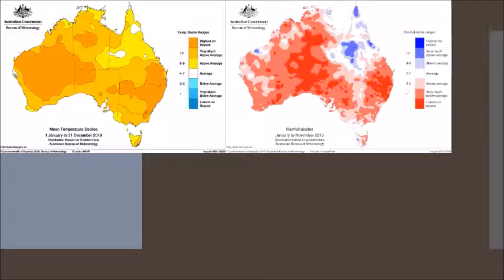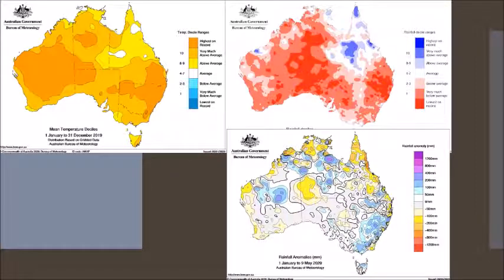Now, the IOD index dropped dramatically and is now near negative territory. And what that has resulted in from the 1st of January to the 9th of May, as you can see in this next graph, is above average rainfall for much of Australia, which is quite an amazing reaction to happen so quickly, to go from one to the other. Okay?